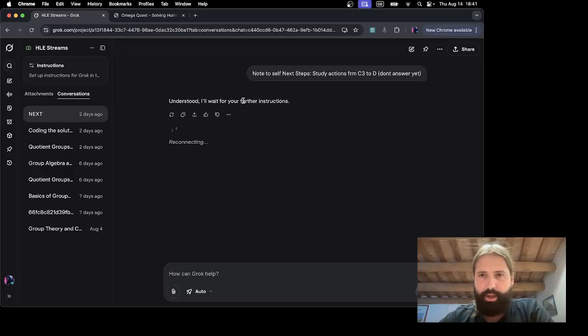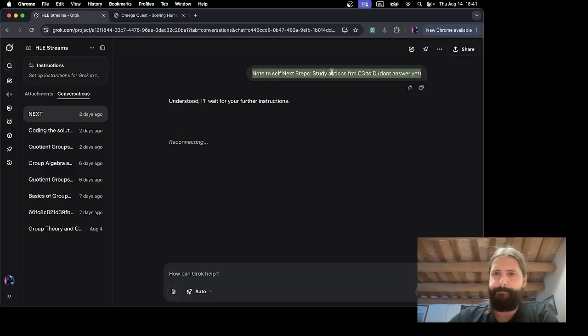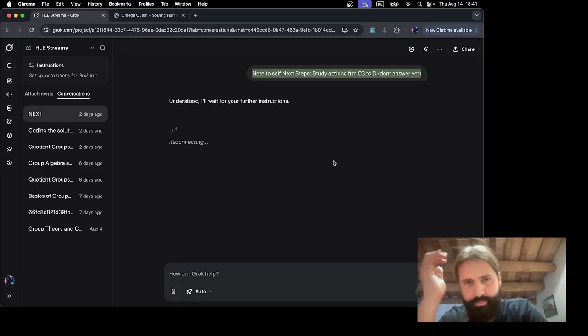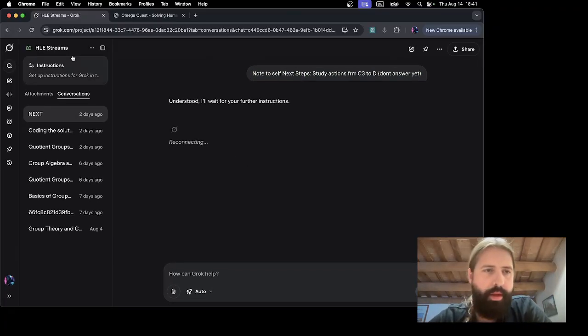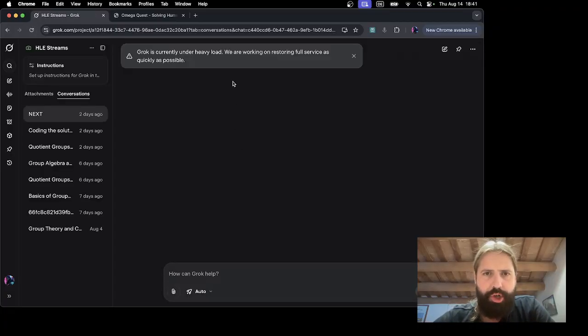Well, that is reconnecting. I'm going to try to reload this page. Grok is currently down. Yay, great.